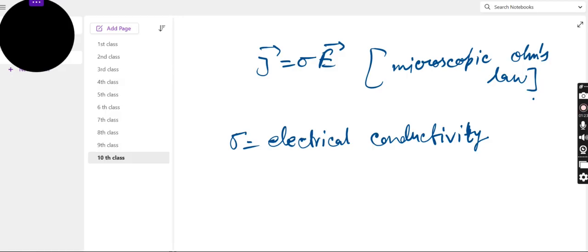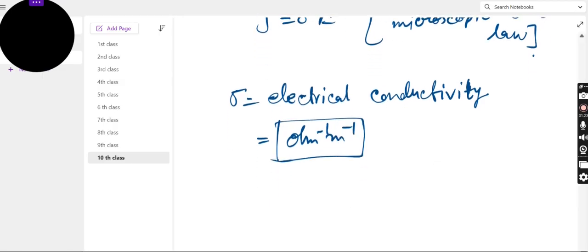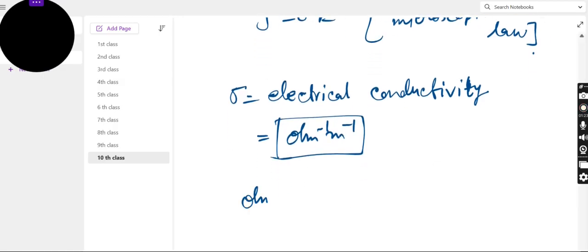The sigma's units are ohm inverse, meter inverse. These are the units. And ohm is basically volt per ampere.